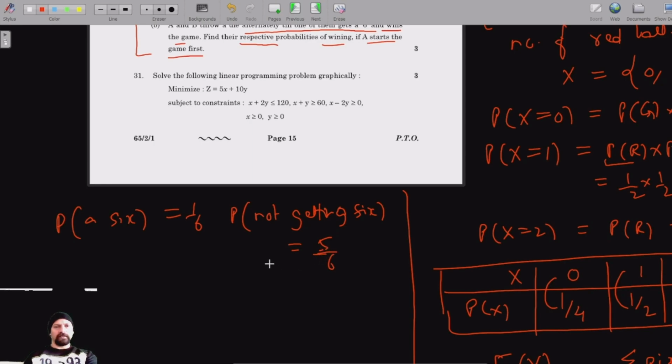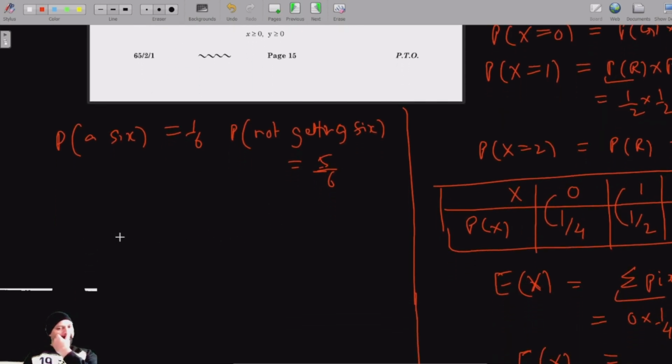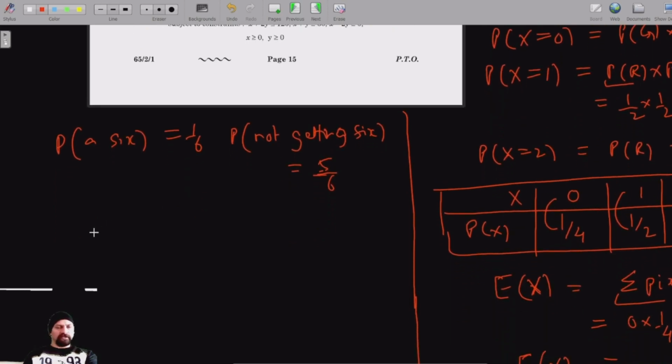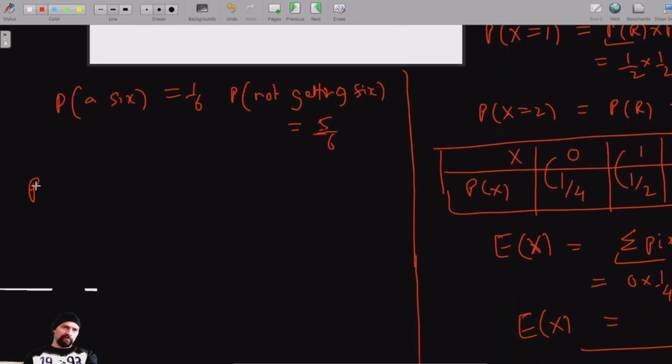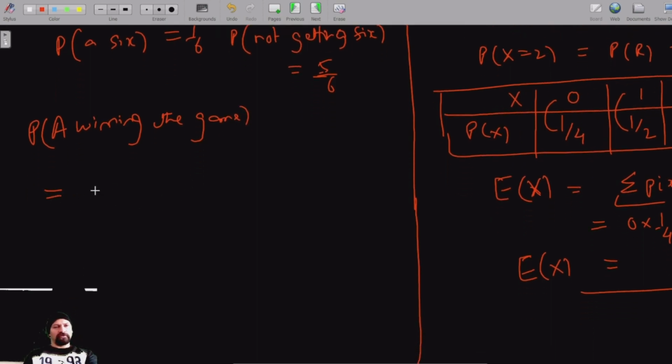Now, it's given that A starts the game. So the probability of A winning the game: it's possible that A throws the die and on the first throw he gets a 6, so he wins. So the probability is 1 by 6.